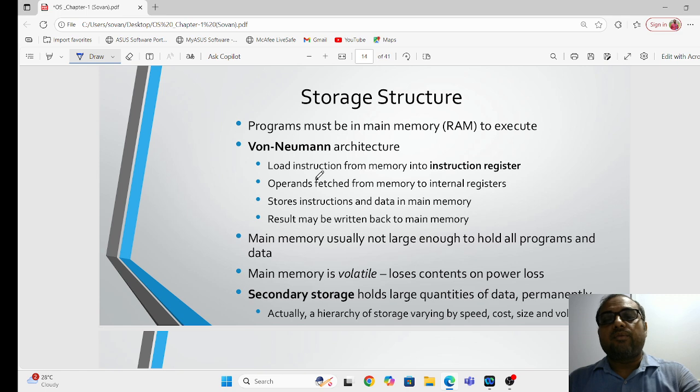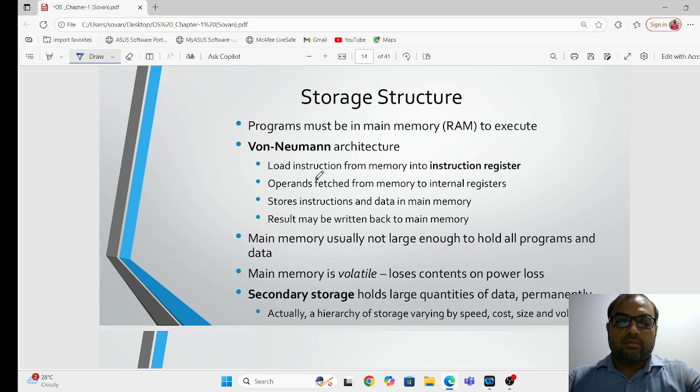The instruction is loaded from the main memory into the instruction register first, then the operand is fetched from memory into an internal register. The instructions and data are stored in main memory, there is no secondary storage concept at first, and the results may be written back to main memory.